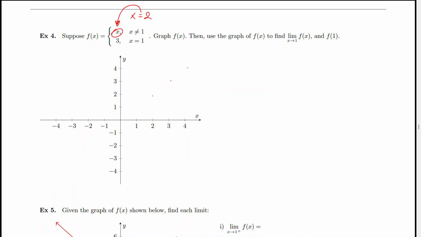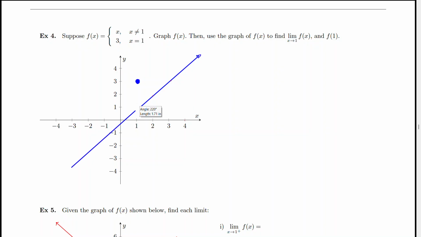However, the only exception to this rule is if I plug in the number 1 into my function, then I'm supposed to get 3 back. So when I make my line, I have to be a little bit careful. I can draw the line on the right side like this. I can continue the line on the opposite side, like that.